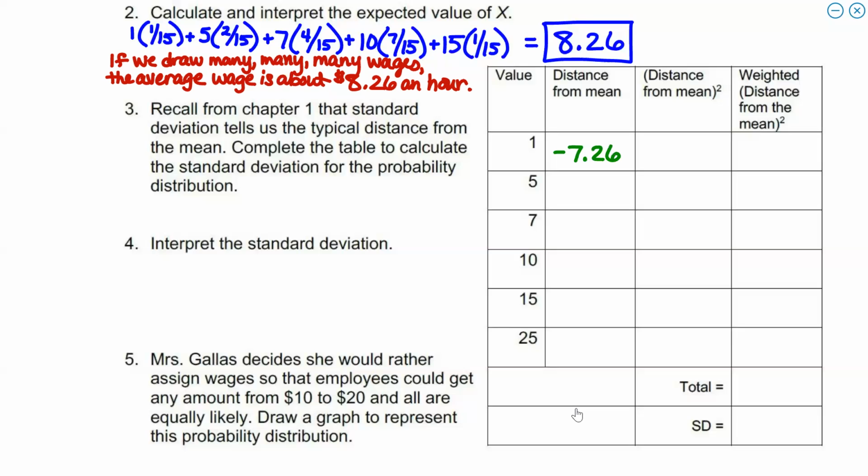Yes, I want you guys to do that for the remainder of these values here. So distance from the mean is value minus the mean, which in this case is 8.26. So calculate that the rest of the way down here.